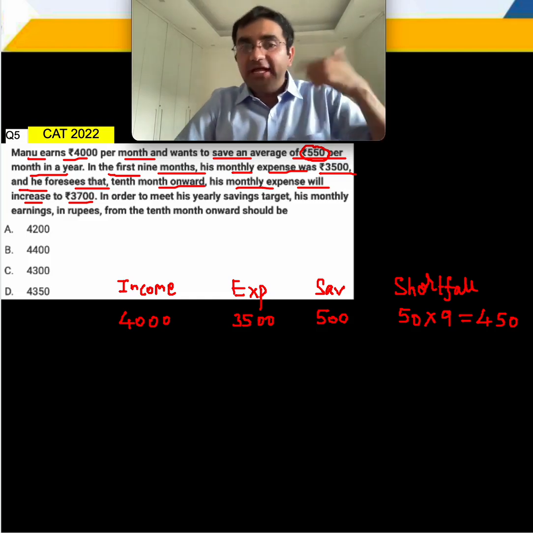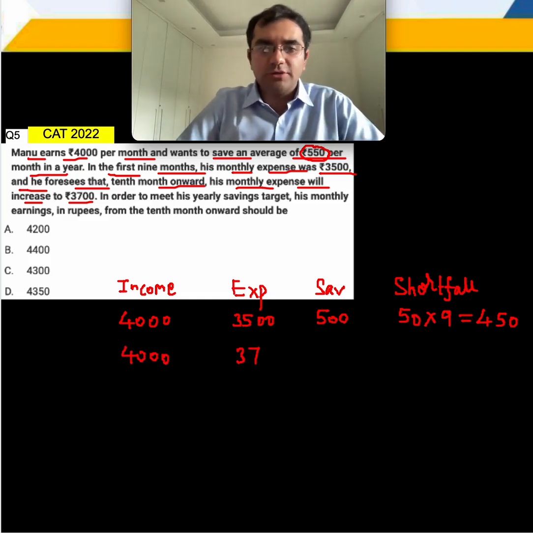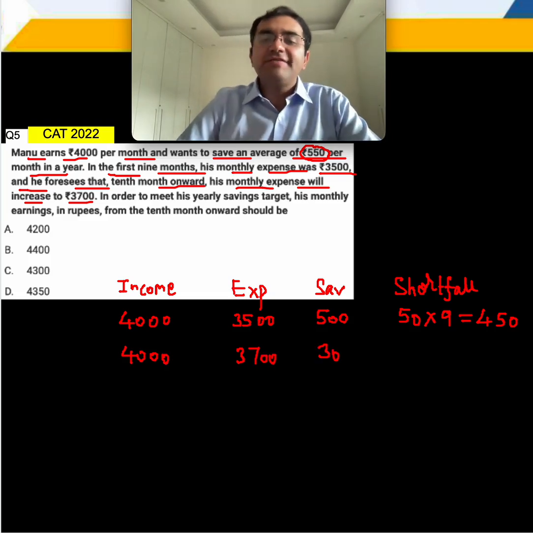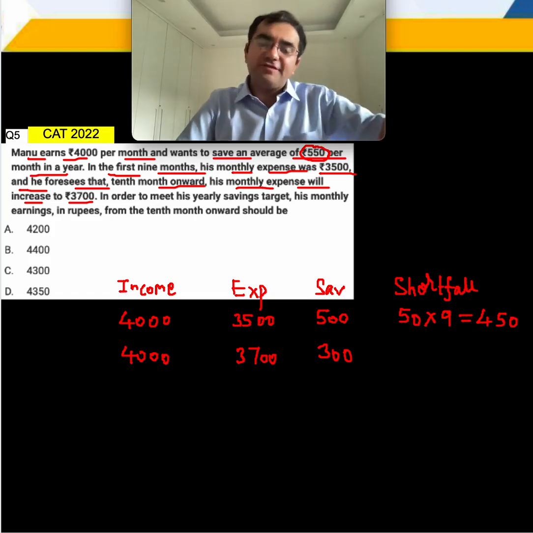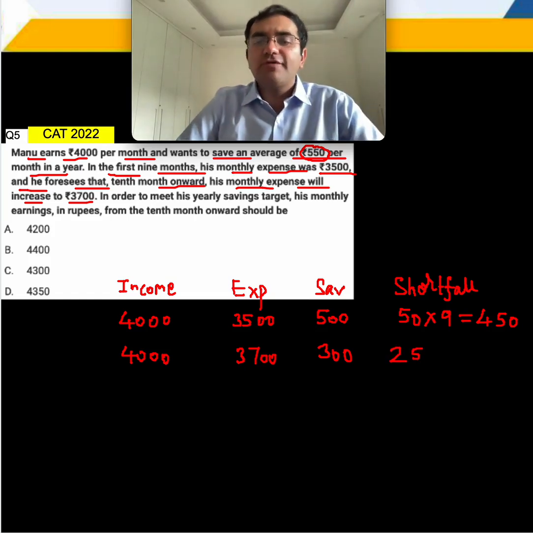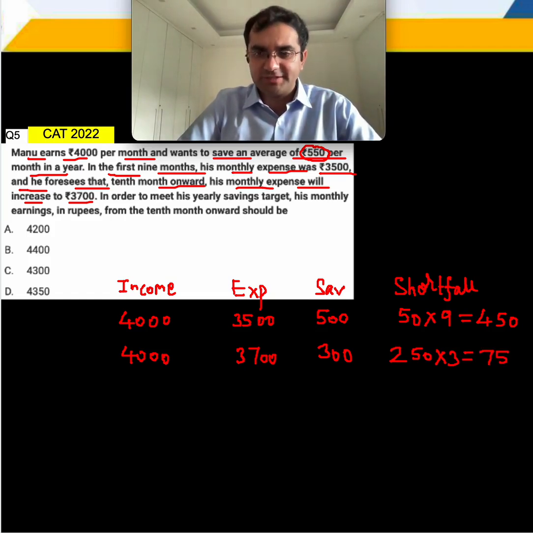And from the 10th month onwards, income is 4,000, expenditure is 3,700, savings are 300 but 550 चाहिए. It's a shortfall of 250 rupees for a period of 3 months. That's 750 rupees.